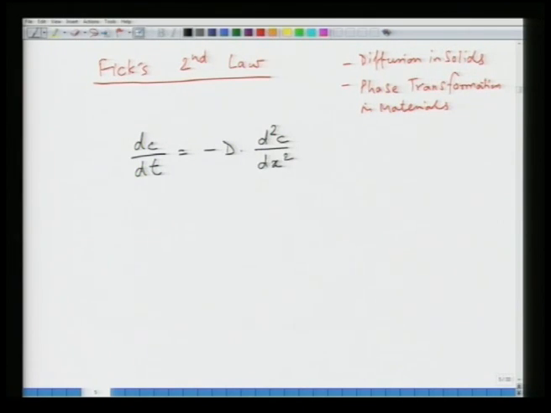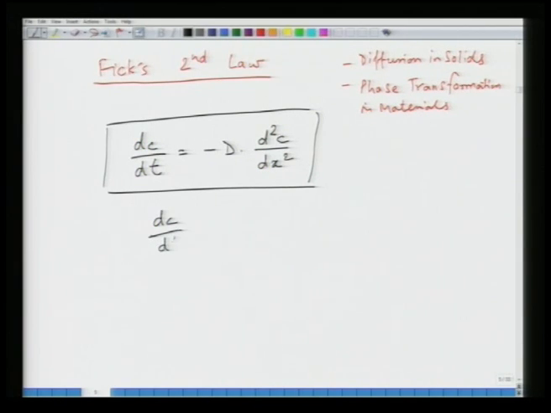This is called Fick's second law, although it is actually not a law, it is more like a derivation from the first law itself. Or alternatively you can express it as dC by dt is equal to minus dJ by dx, where J is nothing but the flux.